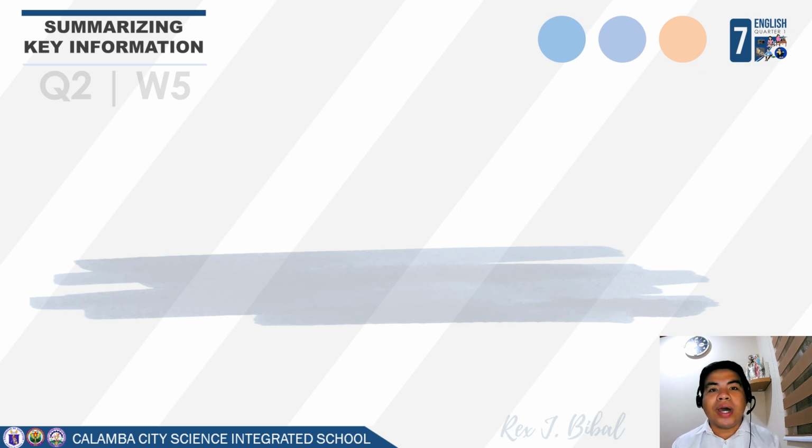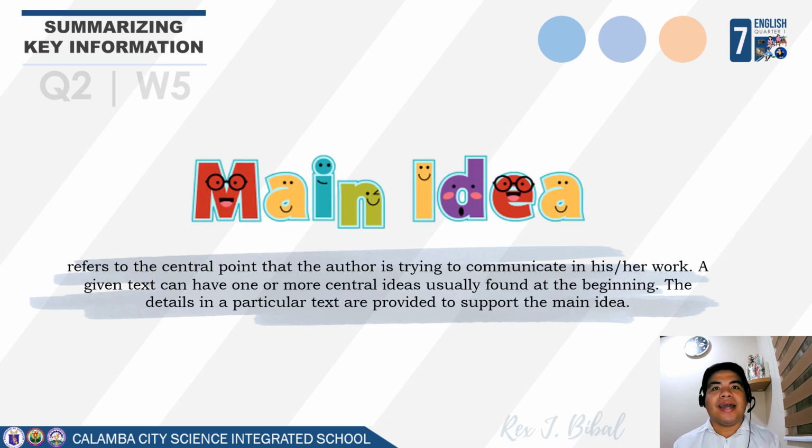First, let us try to learn what main idea is. Main idea refers to the central point that the author is trying to communicate in his or her work. A given text can have one or more central ideas, usually found at the beginning. The details in a particular text are provided to support the main idea.